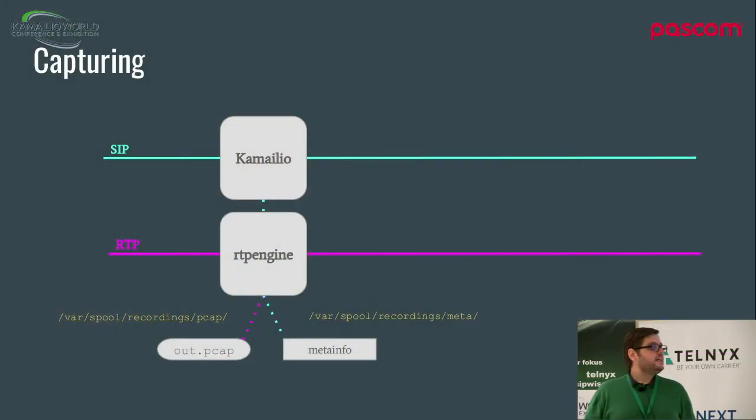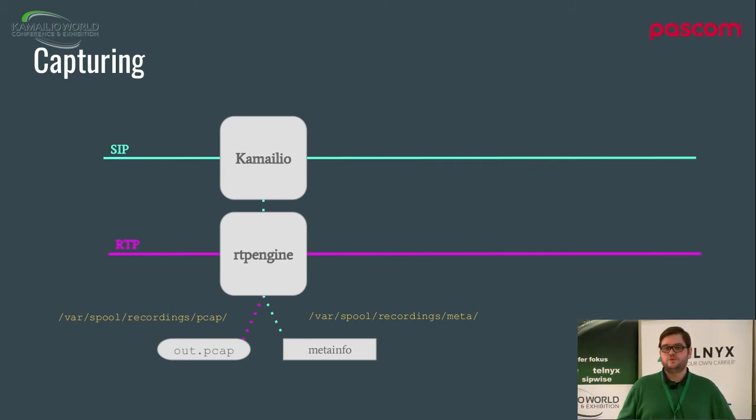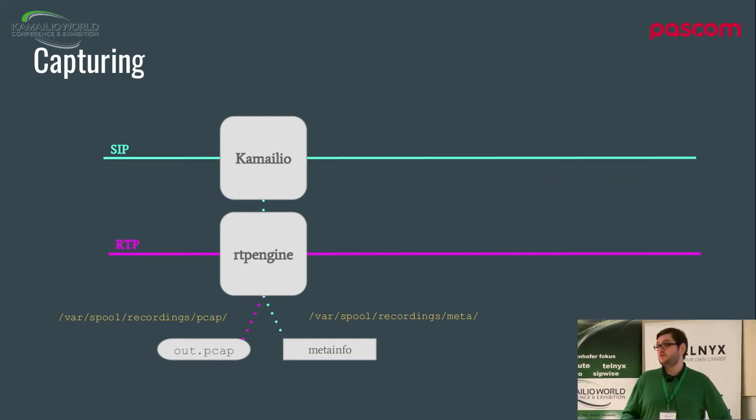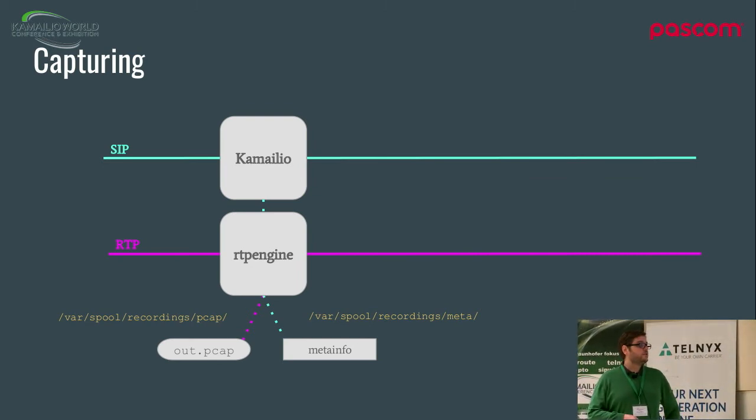The way it works is that Kamailio controls RTPEngine, as I said, and you just need to tell RTPEngine to capture your calls. Then it's going to write two kinds of files. One is the PCAPs themselves, containing the RTP packets.